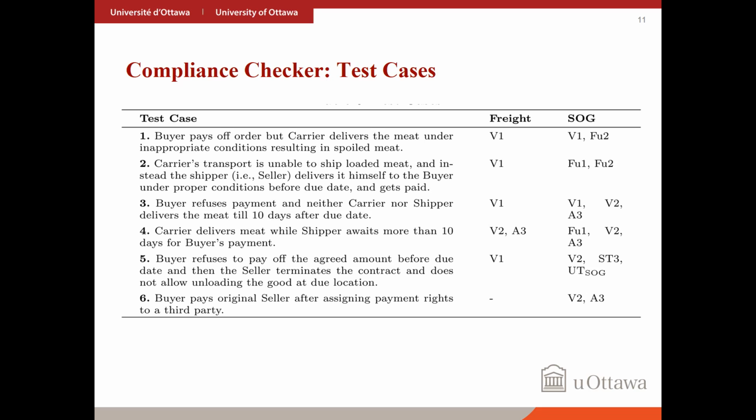We designed 6 scenarios and corresponding test cases combining the sales of goods and freight contracts. Here, the delivery obligation is subcontracted to a carrier through a freight contract. All tests involve meat sales between a seller in Argentina and a buyer in Ottawa, with freight subcontracting to a carrier.